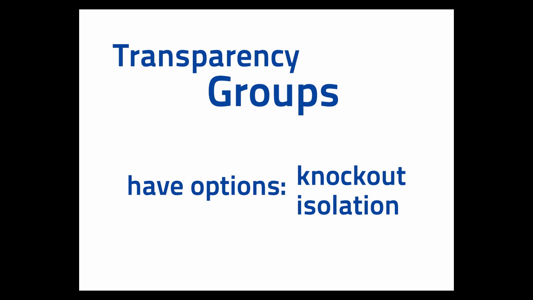Transparency groups have two options. And I've told you about what knockout does in the combination of two objects. Now, it's important to know that knockout is defined in PDF as an option of a transparency group.